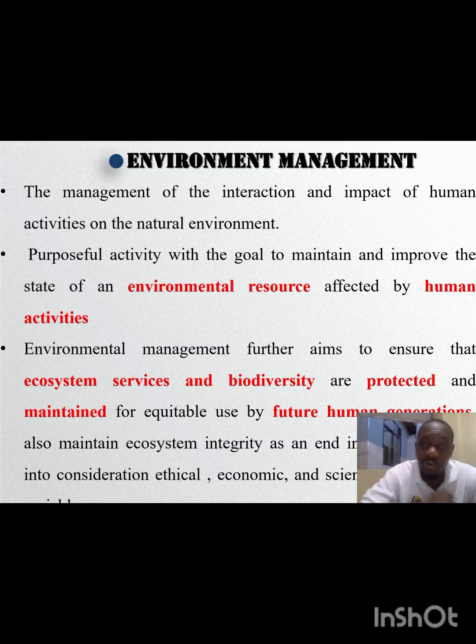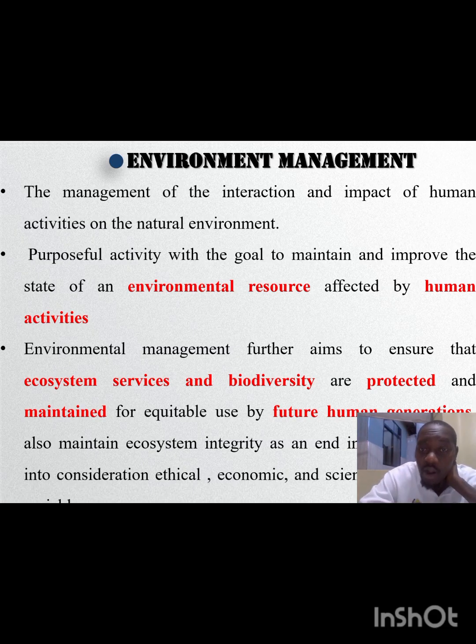So we have to enact laws to protect the natural environment, the community, and of course the next generation. So that is environmental management.